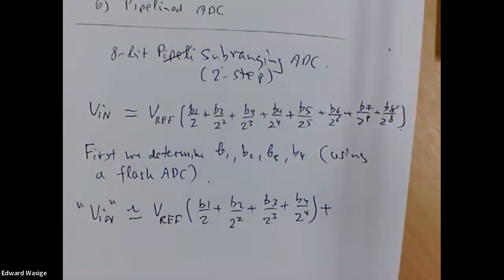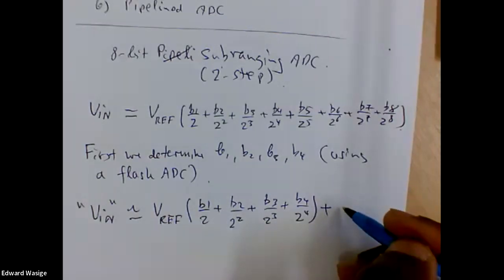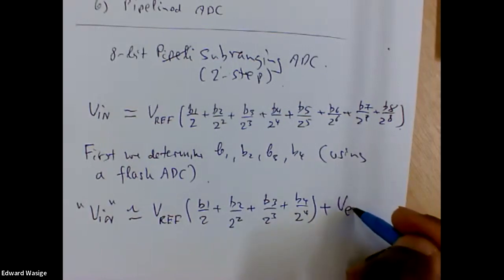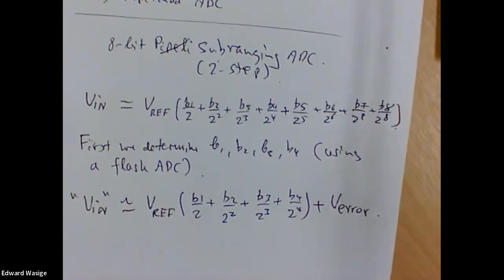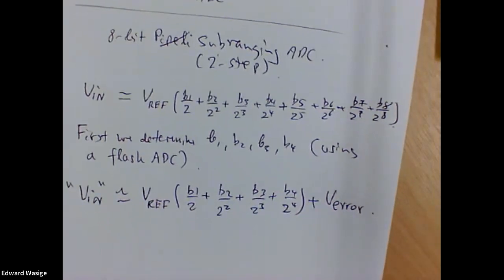And there will be an error voltage which corresponds to the contribution of the other 4 bits if we had them.